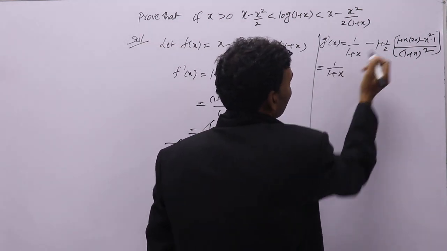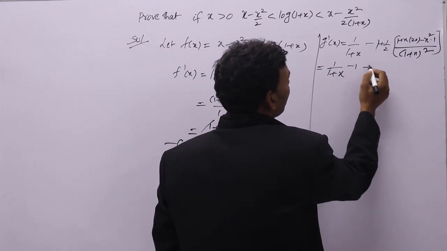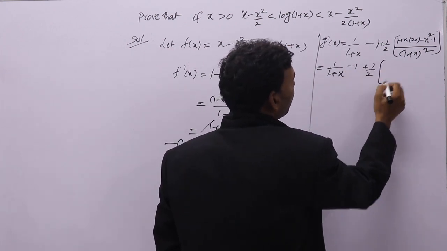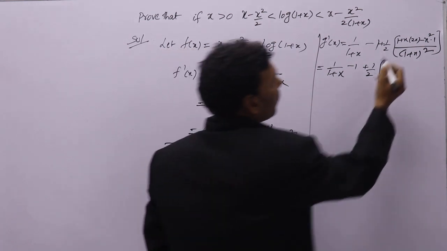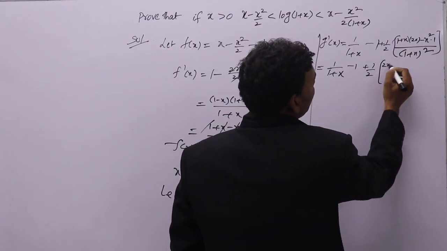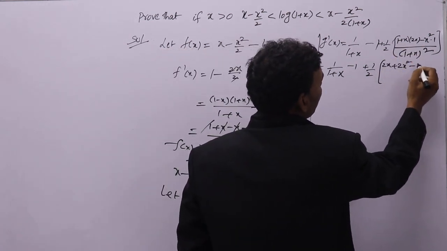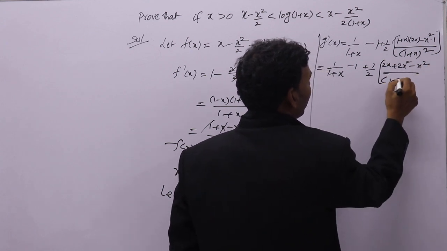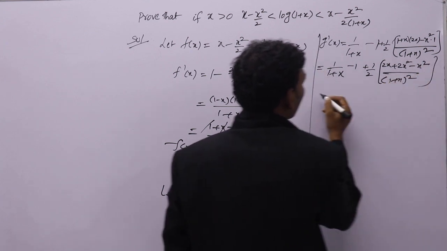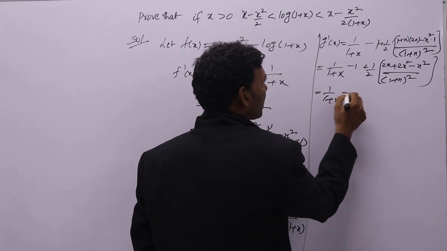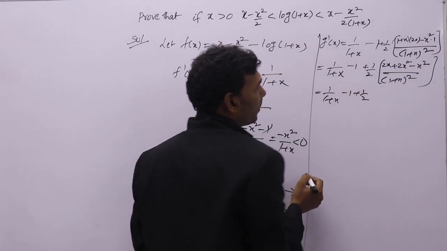So here what you will get? 1 by 1 plus x minus 1 plus 1 by 2 into, simplify that one, 1 plus x into 2x, 2x plus 2x square minus x square by 1 plus x whole square. What you will get? 1 by 1 plus x minus 1 plus 1 by 2.